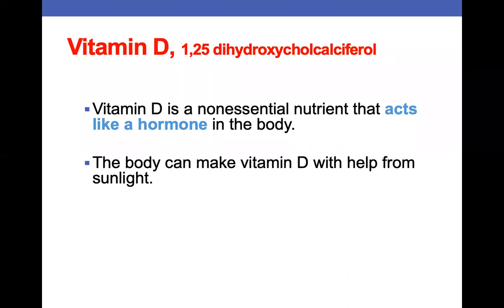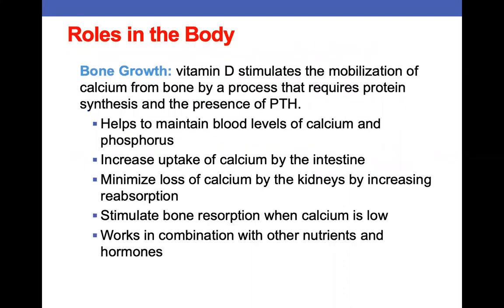But it acts like a hormone, and I'm sure everybody's aware that vitamin D and sunlight are linked. For example, over here in this region of the world, we have a high prevalence of vitamin D deficiency, because it's so hot outside that nobody goes outside. We all stay inside, we don't get sunlight, and so we're all low on vitamin D. But I'll go more specifically into the mechanism.